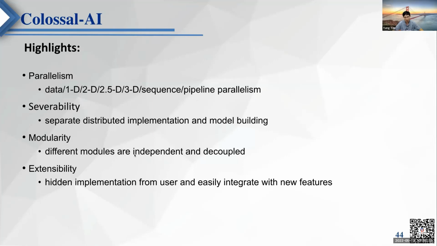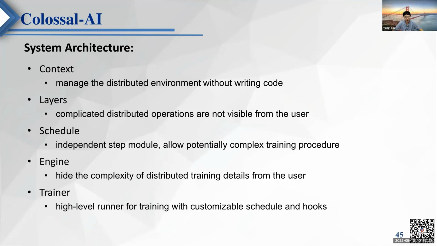We also want the user to easily integrate with other new features and other frameworks. Okay, so here is the system architecture for Colossal-AI. Essentially, we want to build a unified interface so that the users can just use one interface to have all the techniques.